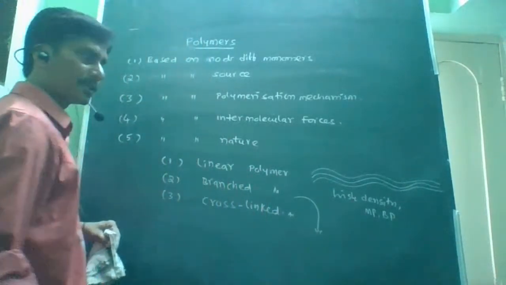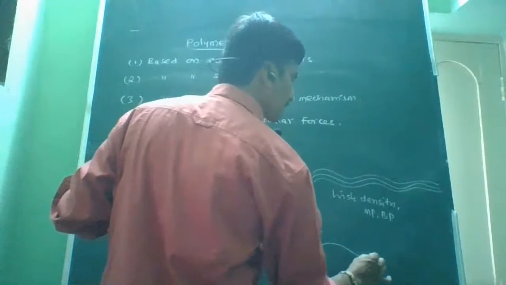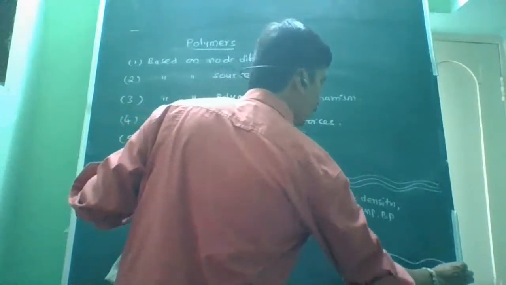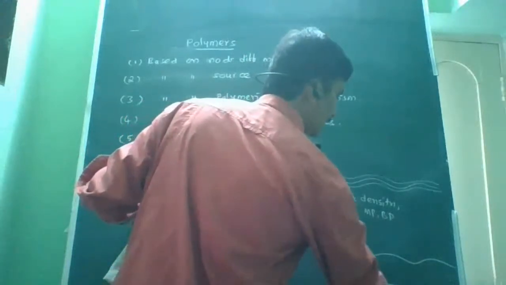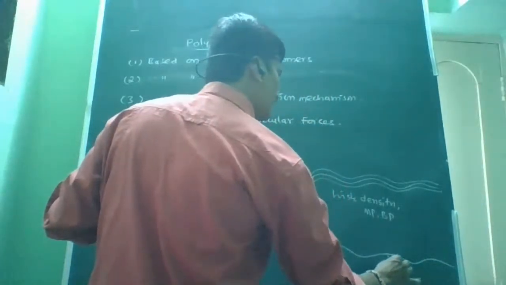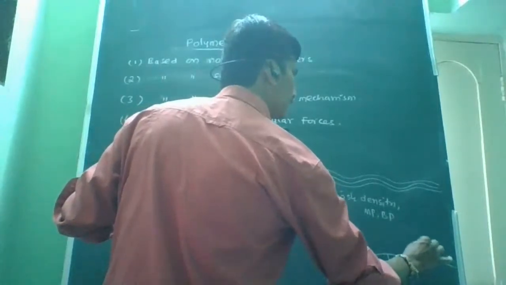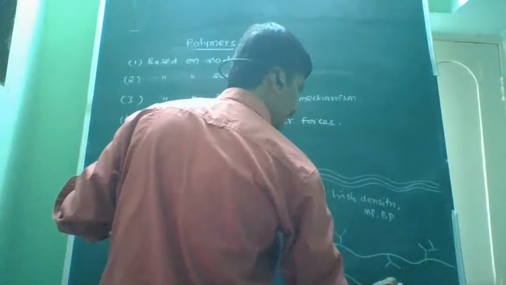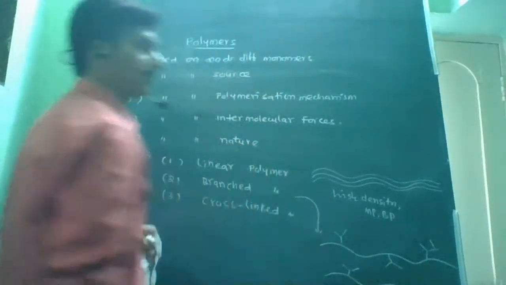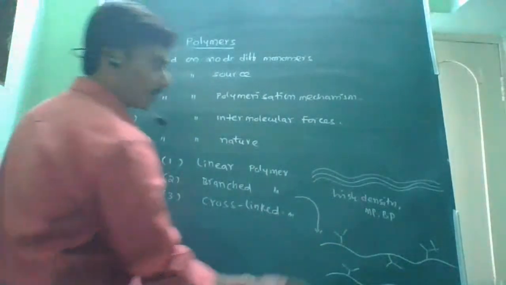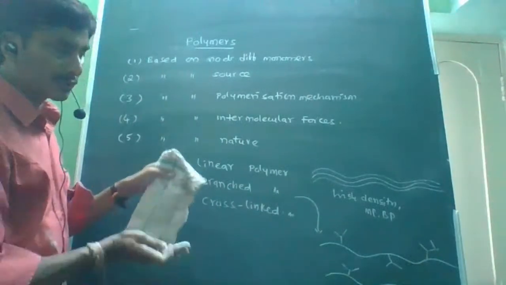Come to second one, branched polymers. Among of the linear chains of monomer units, some of the branches are present with different lengths. Presence of the branches, they are not come closer to each other.